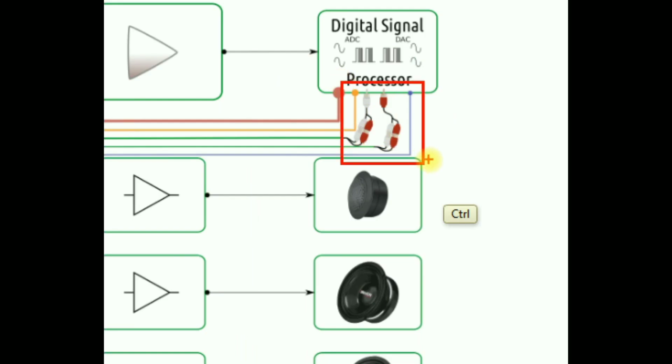And then what specifically is going on here in this highlighted section is 2 channels of output from the DSP going into RCA Y splitters, so we can double up these outputs.